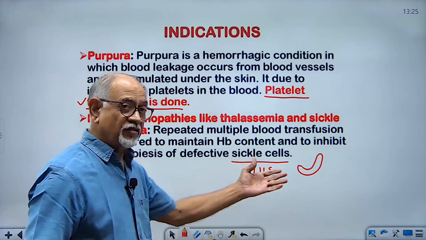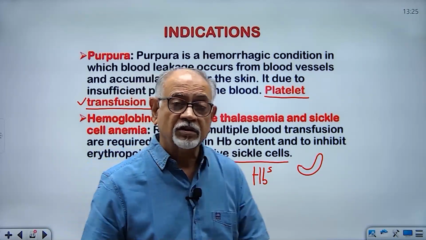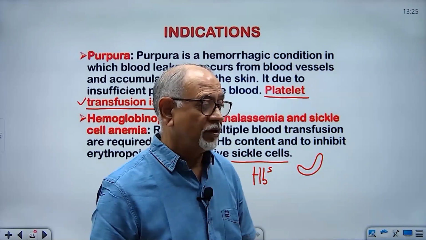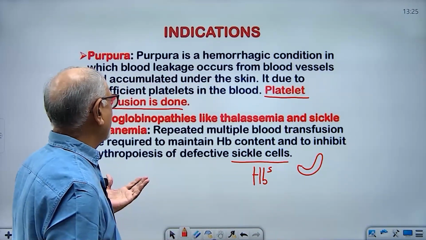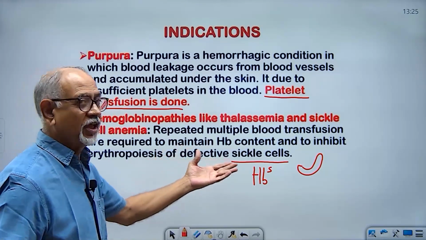Neither the cells are competent to withstand the osmotic pressure, they are destroyed, nor they have a normal hemoglobin. So, there is a deficiency, we call it sickle cell anemia.